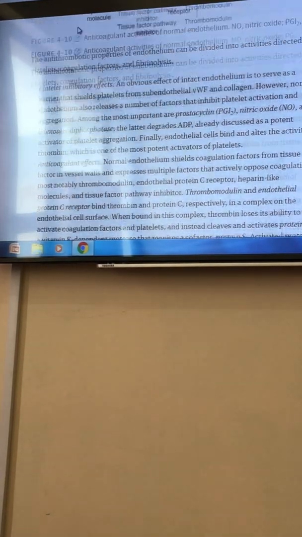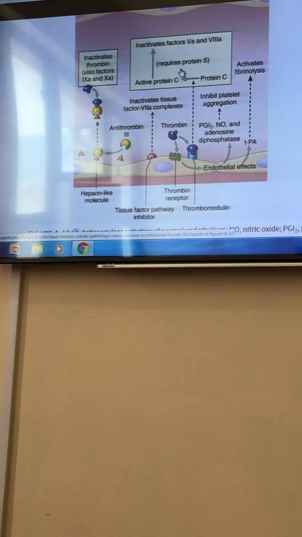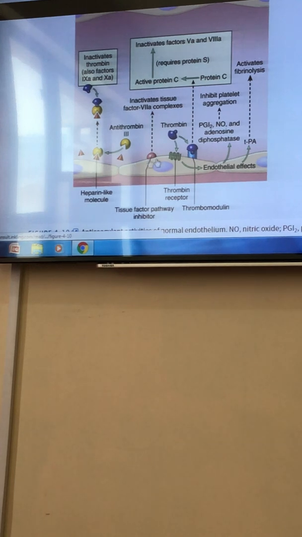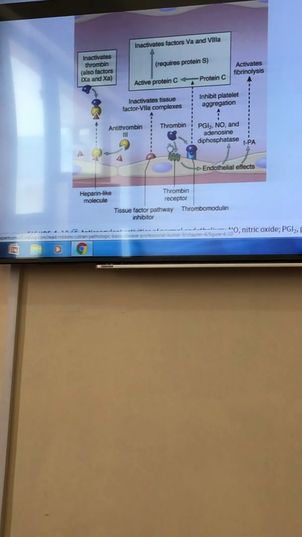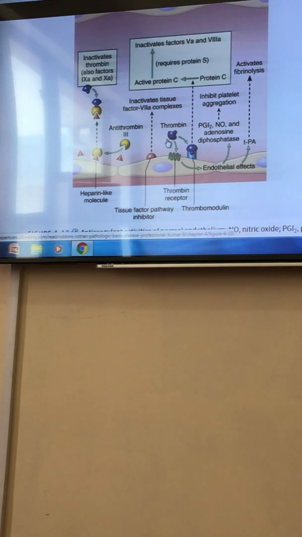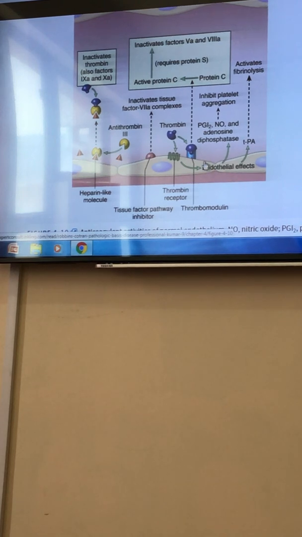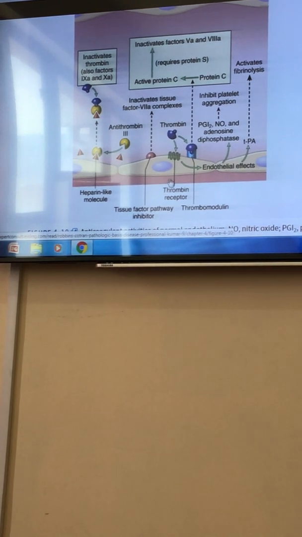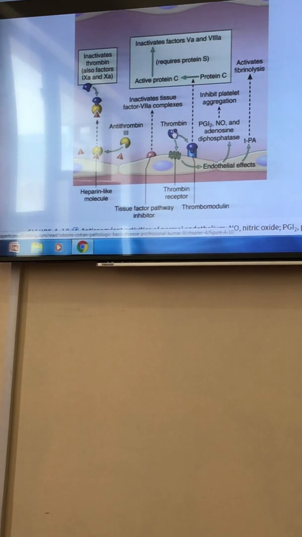It produces some molecules that can inhibit coagulation factors. This is an endothelial cell. This is thrombin that changes fibrinogen to fibrin. The endothelial cell, by having this thrombomodulin molecule, can bind thrombin and inactivate it.